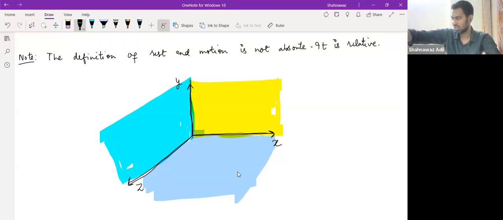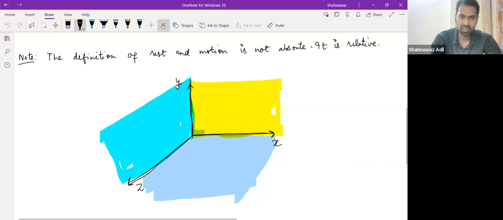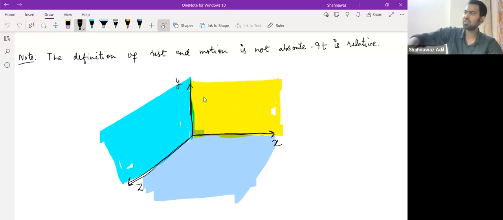Because we have the length of the floor, and then you have the breadth. So you have 2 dimensions, right? And then you have this height. So height is represented by this Z axis. So in this way, this is Z and this is Y. So when you consider your room, this is X and Y, and then you have this Z axis. Okay, so this was about the dimensions.